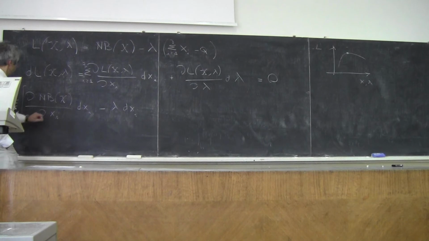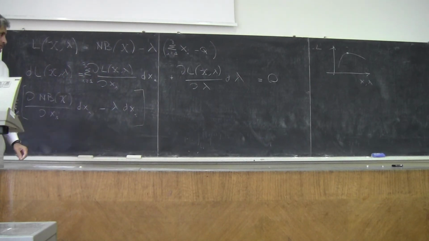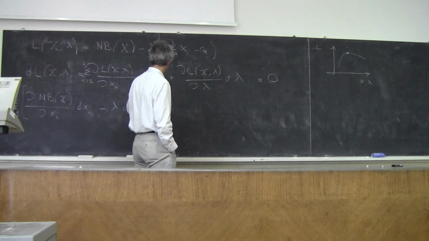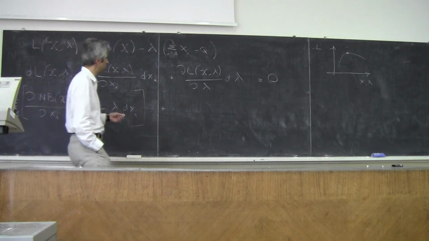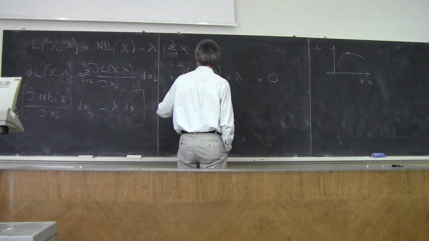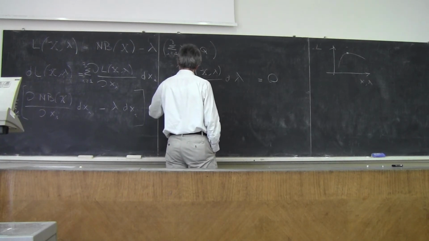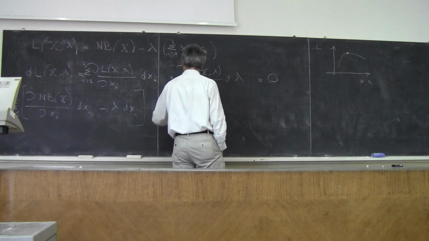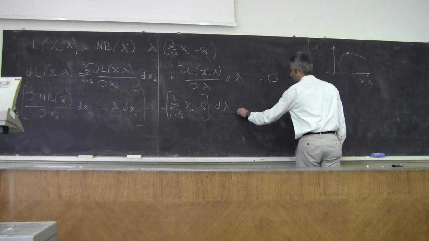The summation, just to be clear, I put in a square parenthesis. And then there is the derivative of L with respect to lambda times d lambda. This derivative is given by the summation for i equal 1 to 3 of xi minus q, times d lambda. And this is equal to 0.